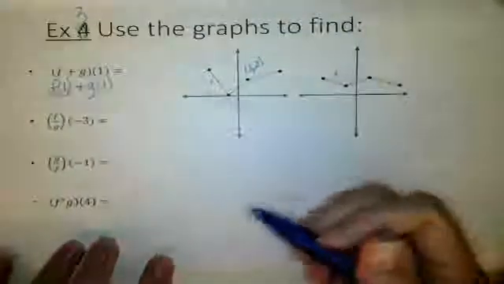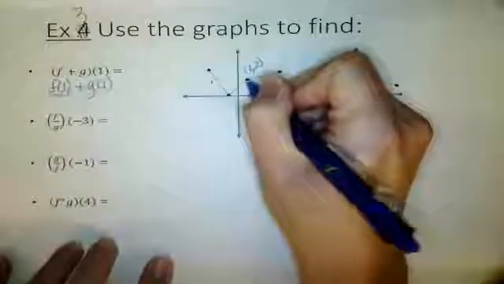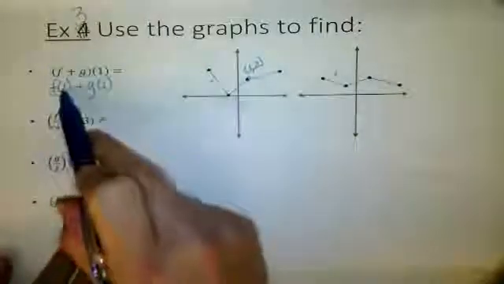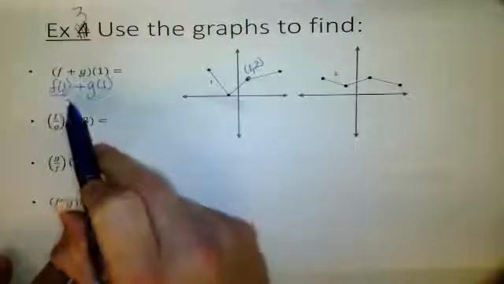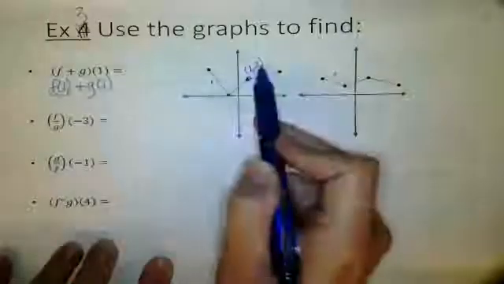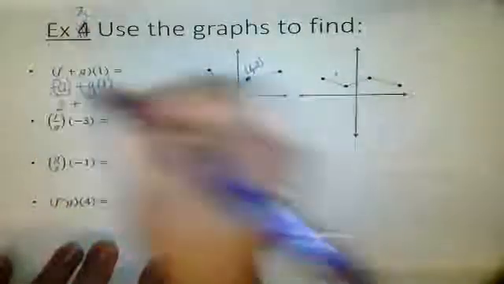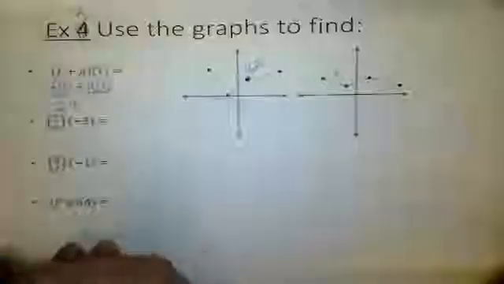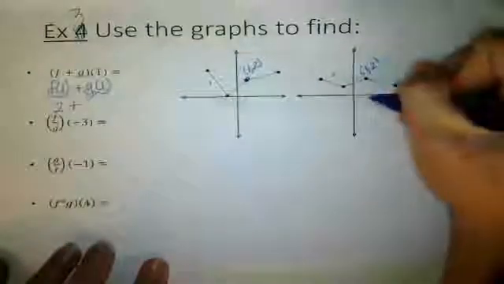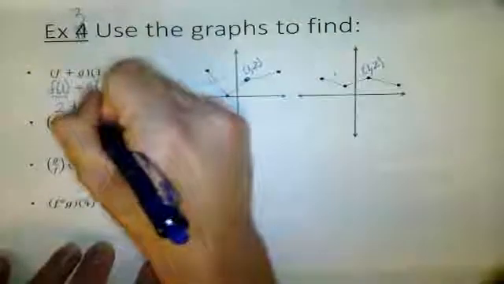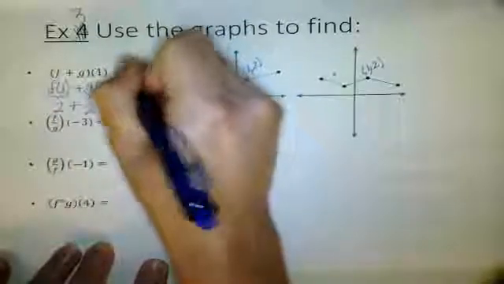Remember, function notation is simply an ordered pair where we have an input of 1 and it's asking, what is the output? The output is 2. What is g at 1? Also 2. So at 1, we have an output of 2, and 2 plus 2 is 4.